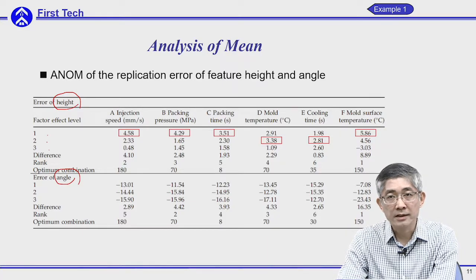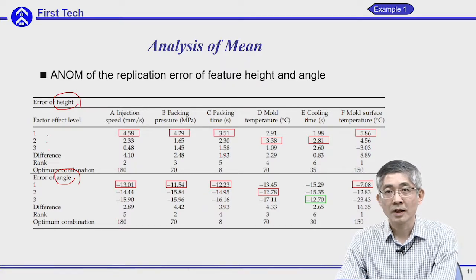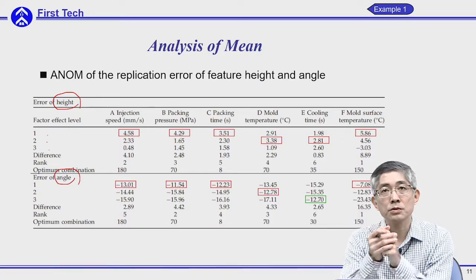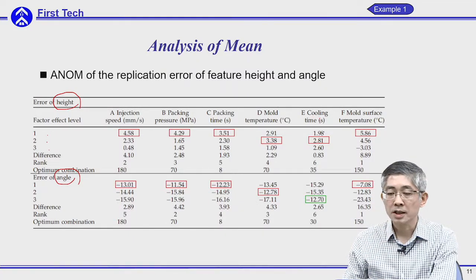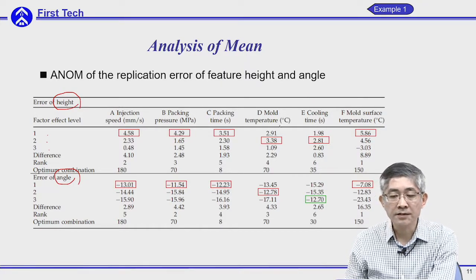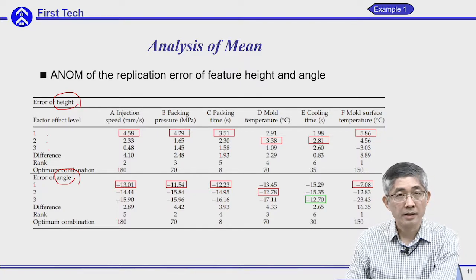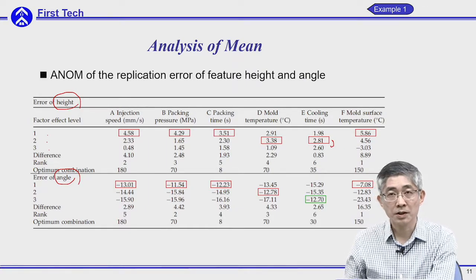However, if you look at the error of angle, you find they are pretty much the same selection except factor E. Since this is a 2-objective optimization problem, now you need to consider whether you want to pick E2 or E3. So you can look at the significance of factor E to the output of height and the angle. As you can see, we need to determine between E2 and E3.